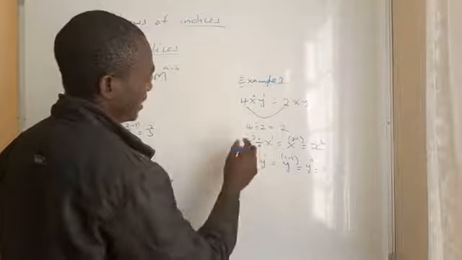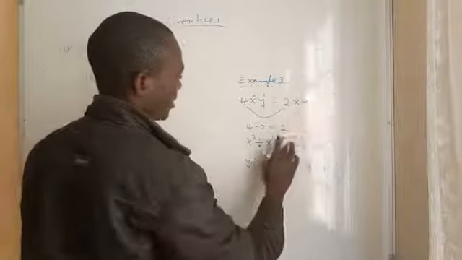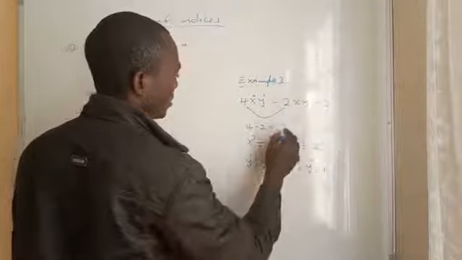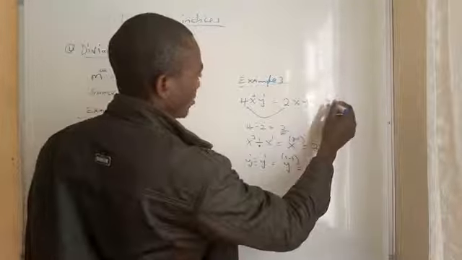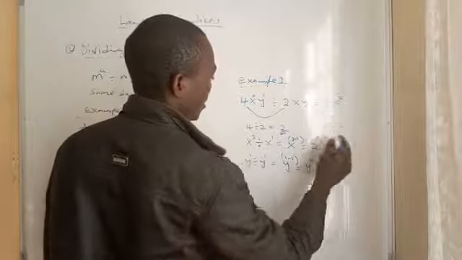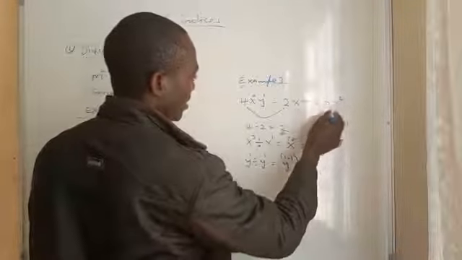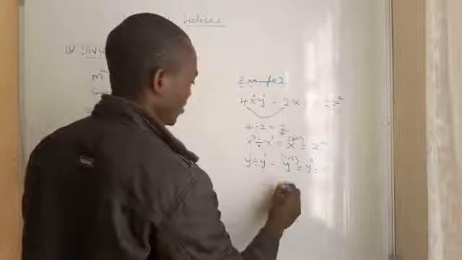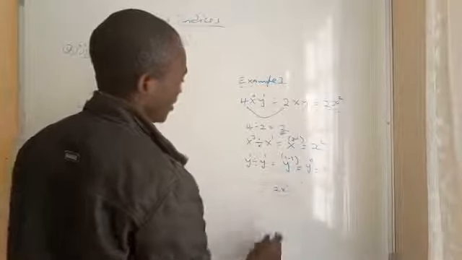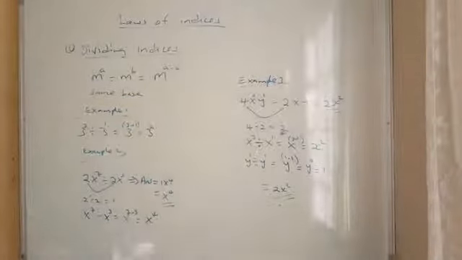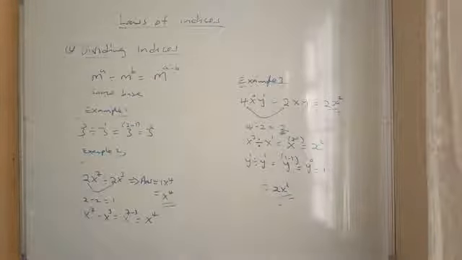So finally, the answer to this question becomes 2x squared times 1, which is simply the number. So the answer here is 2x squared. That is the division law of indices.